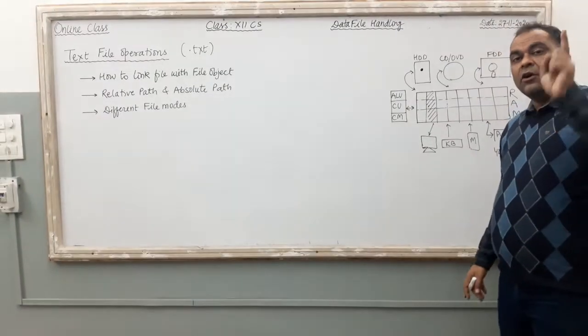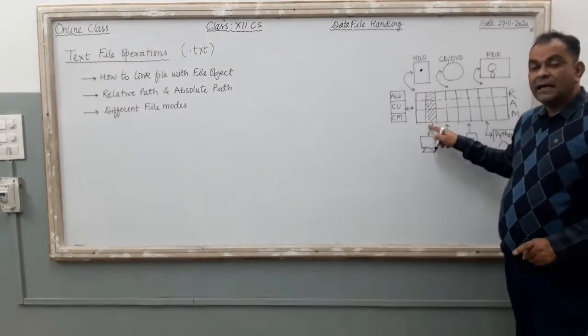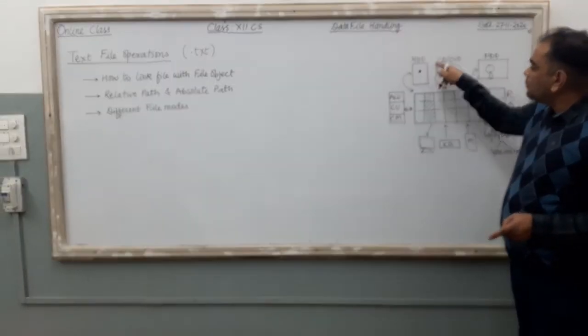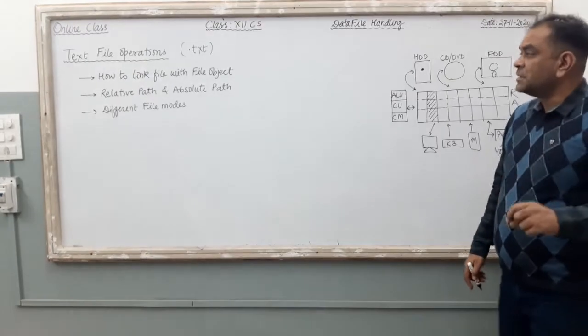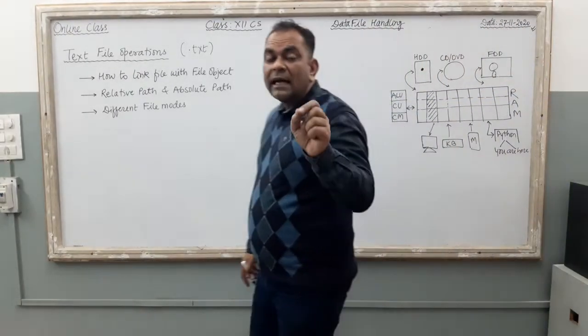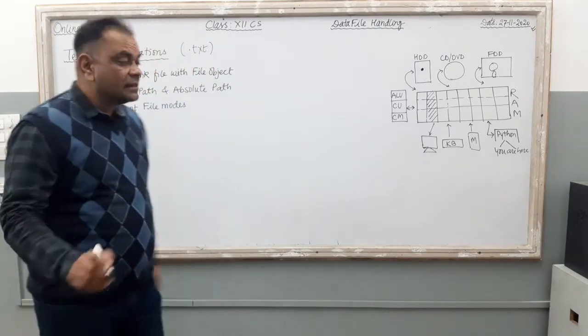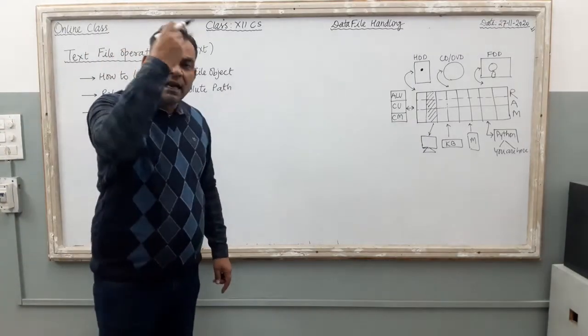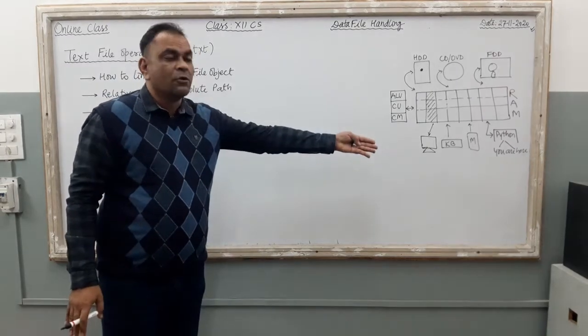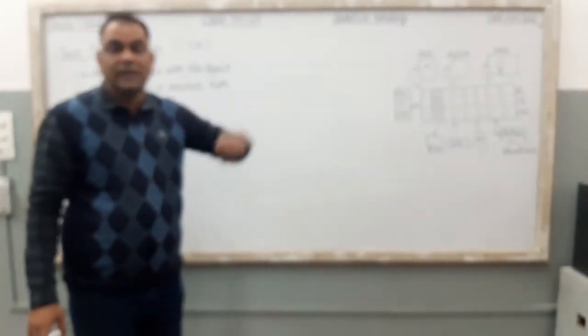First of all you should create a file object inside the computer's memory, and then you just upload the file from your hard disk to the RAM. It is the very first process. For that, what is the command? Just see what is the command. Very first work: you have to link your file with RAM. Then and only then your Python program can access the data that is there inside the file.